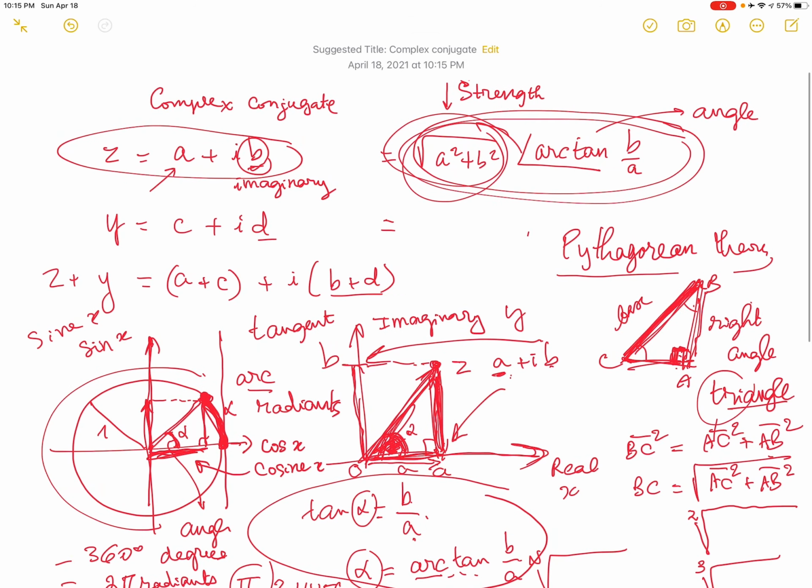And in the mathematical world, tangent meaning a line that touches something. This line is parallel to sine of x. It touches the circle at this point. It's called the tangent line. If you extend this same line out to here, and it cuts this tangent line at a point, the length from this cosine x axis to this point is called the tangent of alpha.